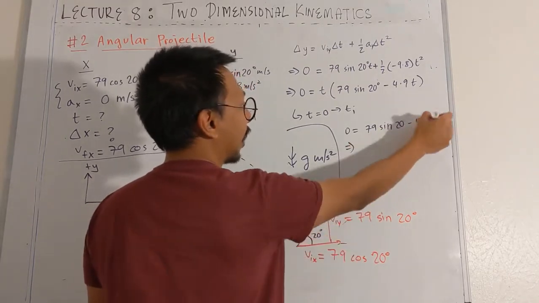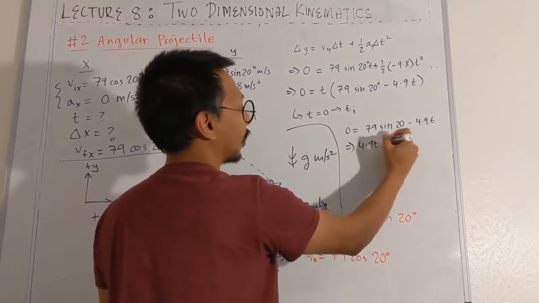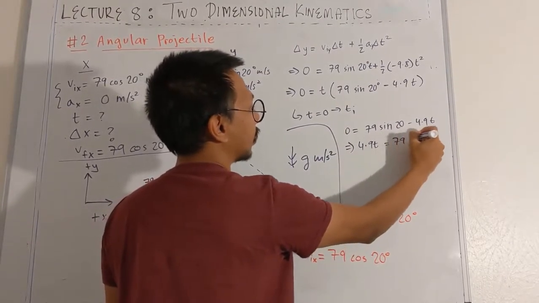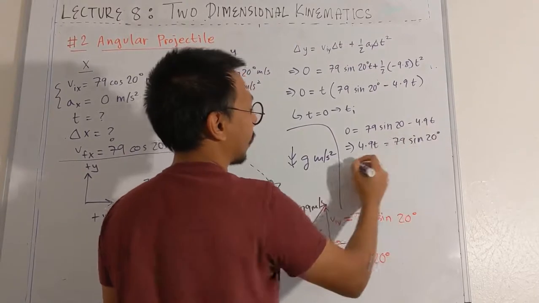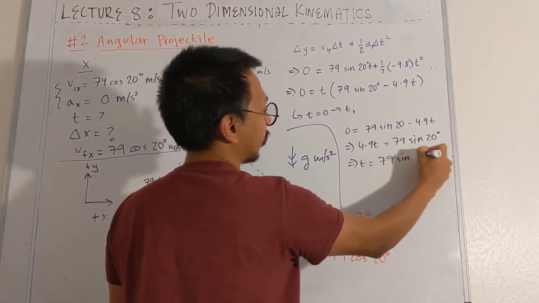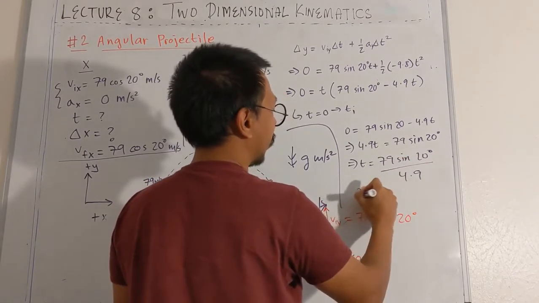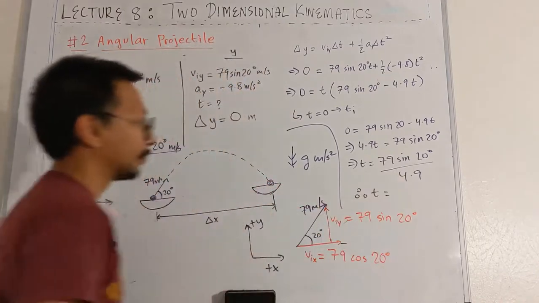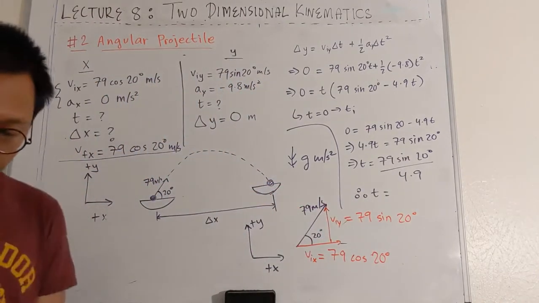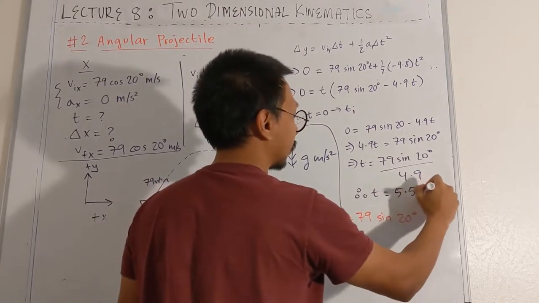So if I add 4.9 t to both sides, I get 4.9 t equals 79 sine 20. So t is 79 sine 20 over 4.9. Therefore, t is equal to 5.51 seconds.